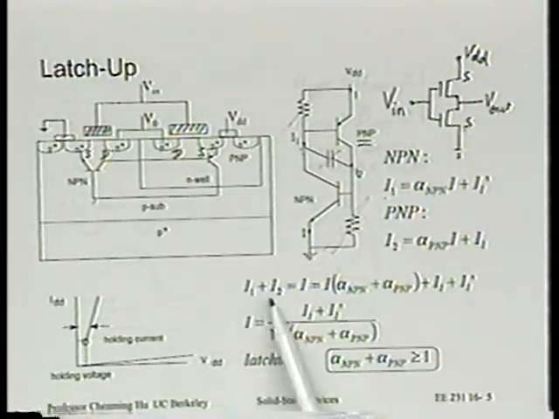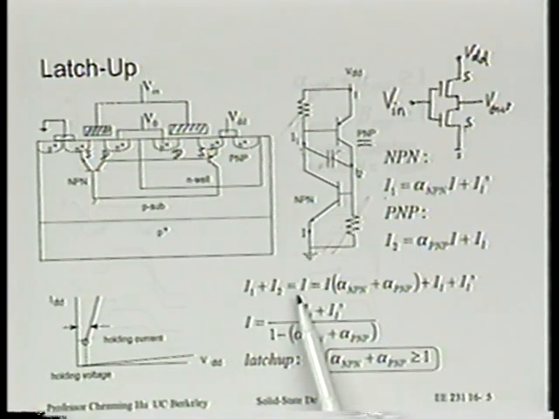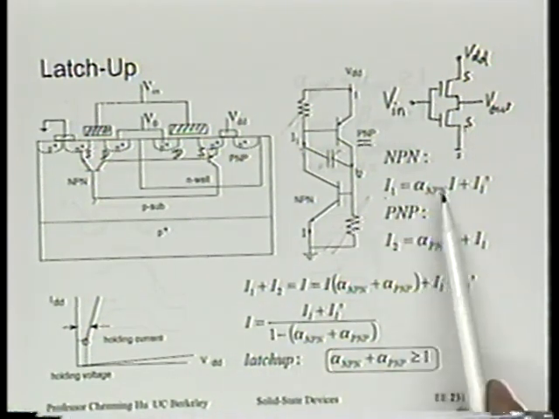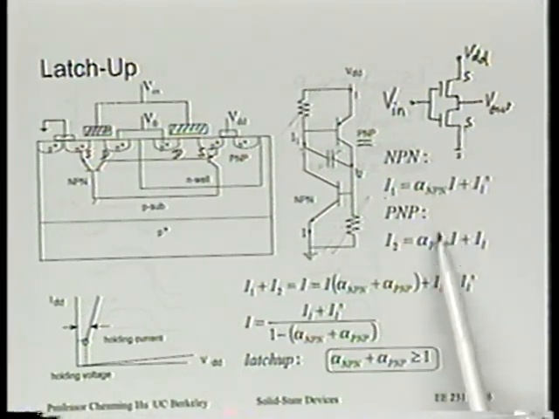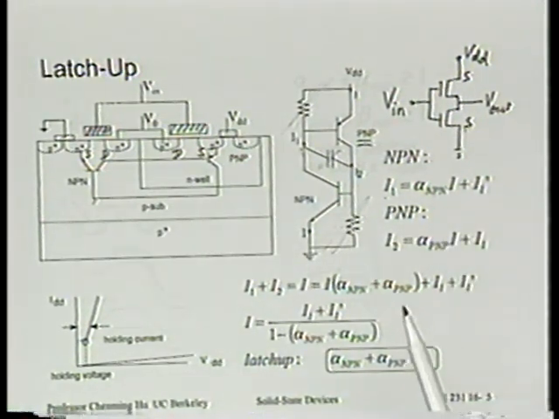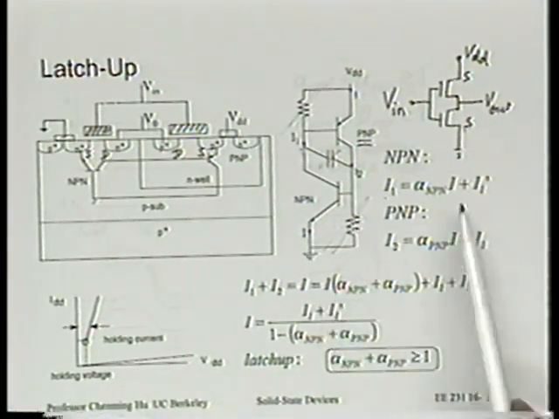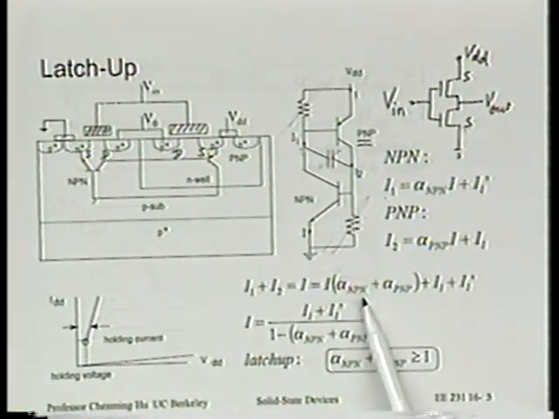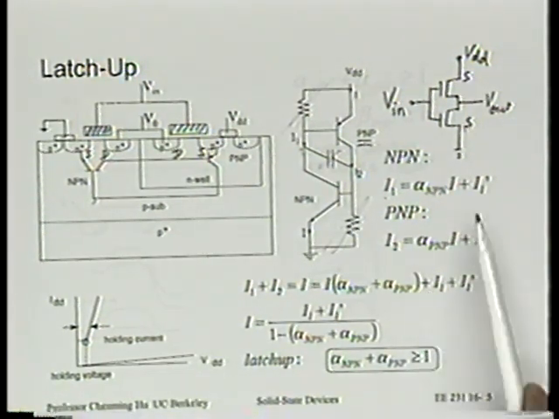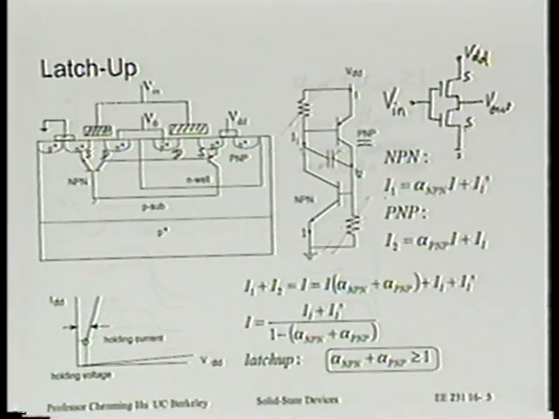So we know I1 plus I2 is equal to I. I1 plus I2 should also be equal to the sum of the right-hand side terms of these two equations. So we add these right-hand sides together and we get I times alpha NPN plus alpha PNP, plus those two very small leakage currents.